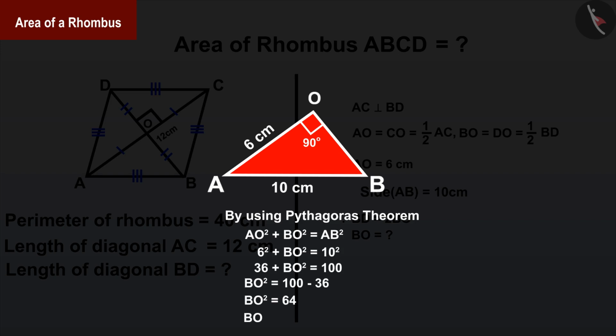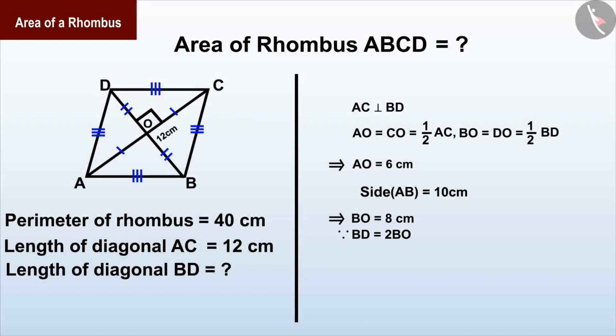We get the value of BO as 8 centimeters. BD is double of BO. When the value of OB is 8 centimeters, the length of the diagonal BD is 16 centimeters.